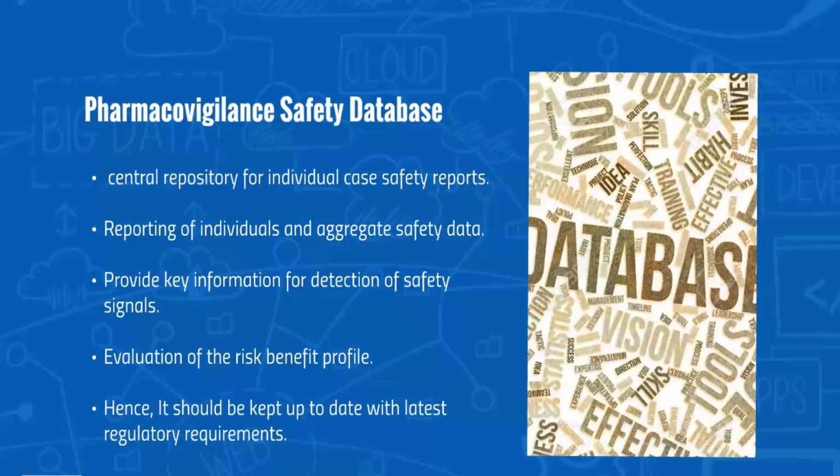Individual cases you have well understood, but the aggregate safety data contains the DLP, that is the data lock point, from one DLP to some other DLP. Suppose you have to send the aggregate report for the next 2 years, from November 2023 to November 2025, for any particular product.